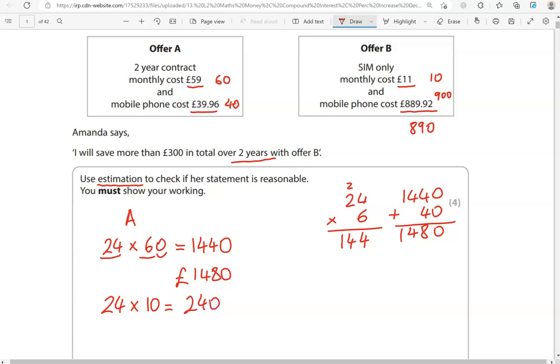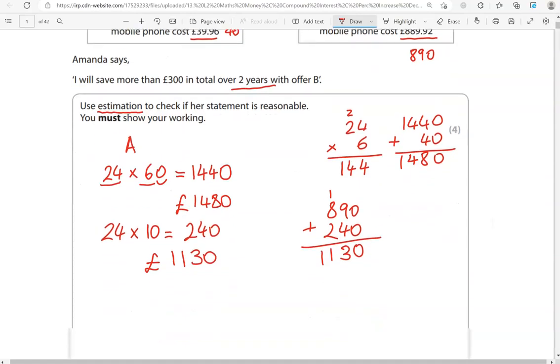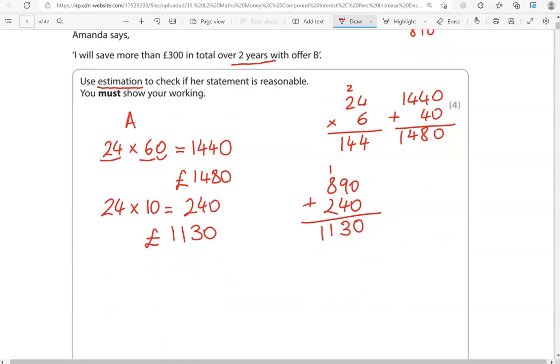The mobile phone cost is 890, add 240, 0 and 0 is 0, 9 and 4 is 13, so 3 down, 1 carried over, 8 and 1 is 9, and the 2 is 11. So overall cost for offer B, that is £1,130.